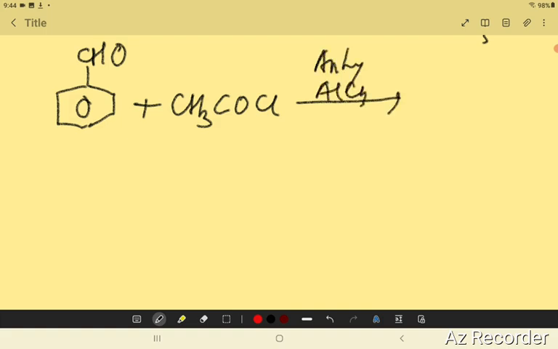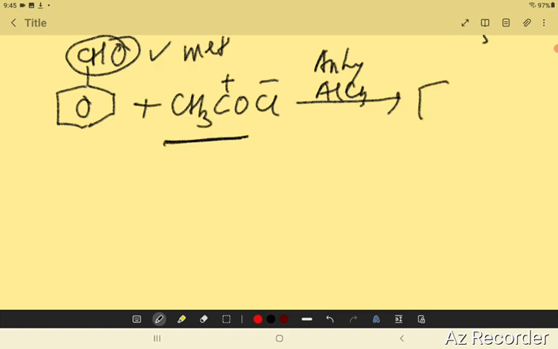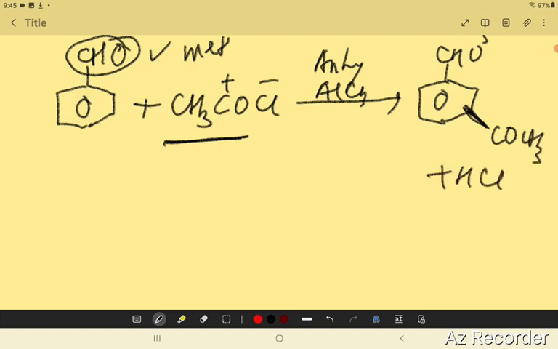So what will be the positive part? That will be COCH3 positive and Cl negative. Where will it be attached? Definitely it will be attached according to the aldehyde group present in it. So you have to go for the meta position, that means benzene ring with CHO, and this is the meta position. So COCH3 will be attached here and HCl will be formed. This is the Friedel-Crafts acetylation.